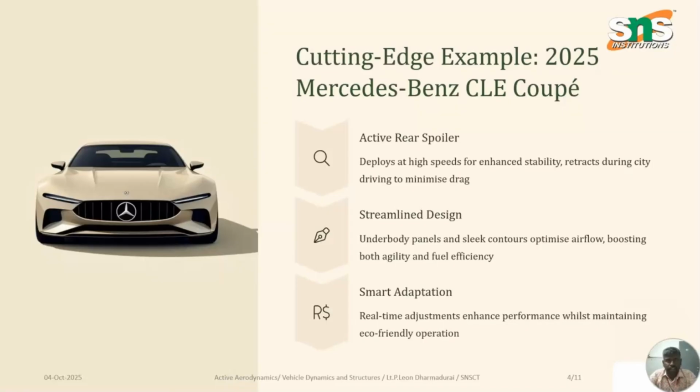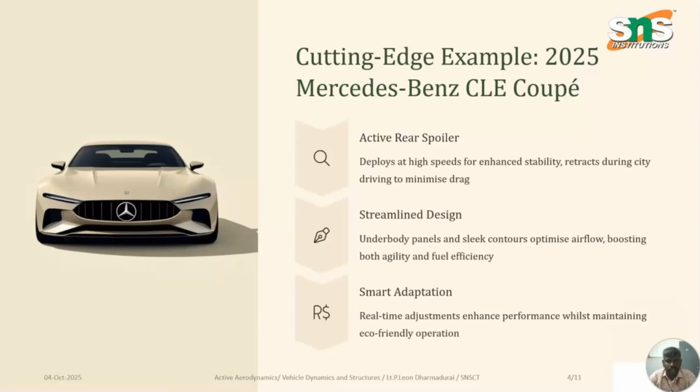In this slide, we'll discuss an example, the Mercedes-Benz CLE Coupe, where active aerodynamics has been used. It deploys at high speed for enhanced stability and retracts during city driving. As I said earlier, this technology is needed only in high-speed conditions.